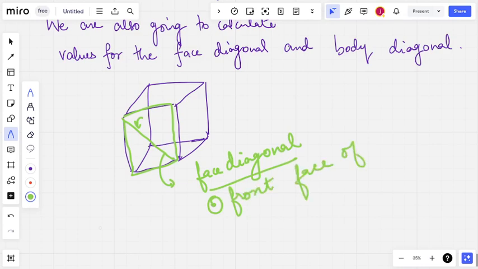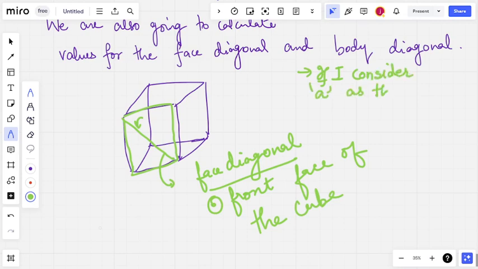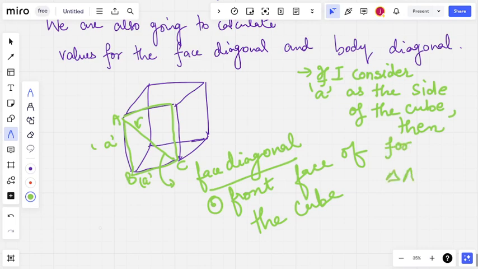If I consider A as the side of the cube, then for triangle ABC, we can apply the Pythagoras theorem.